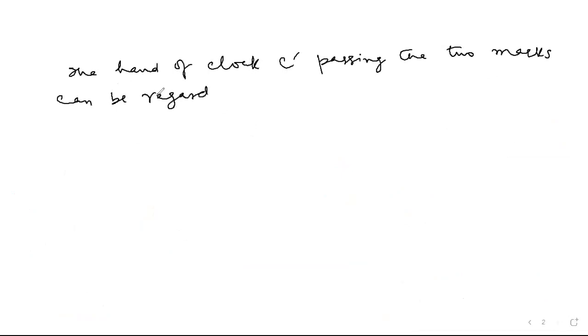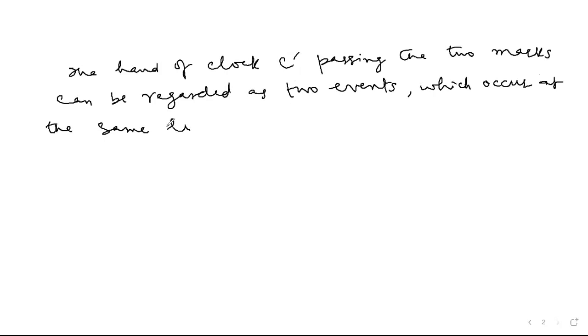The hand of clock C prime passing the two marks can be regarded as two events which occur at the same location x naught prime as shown in the figure.